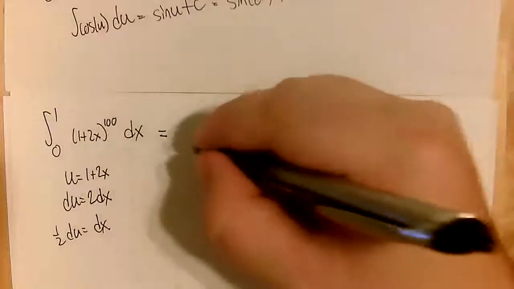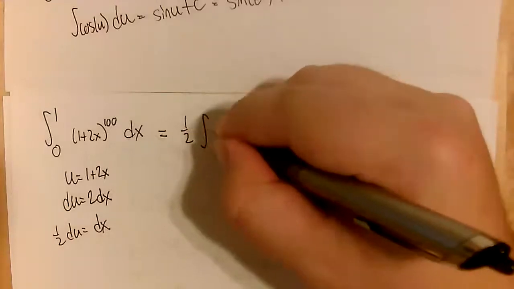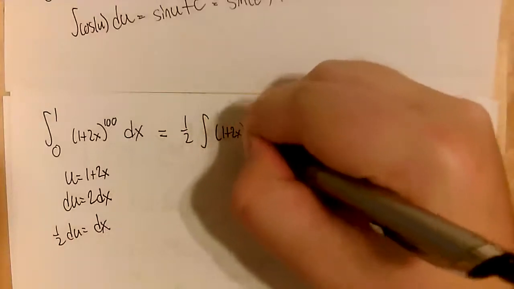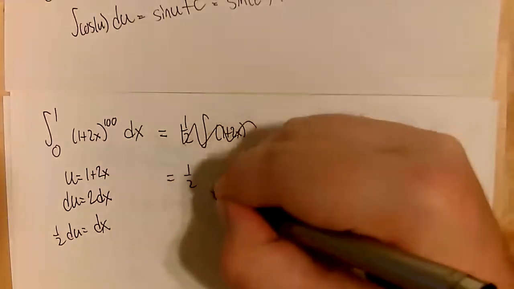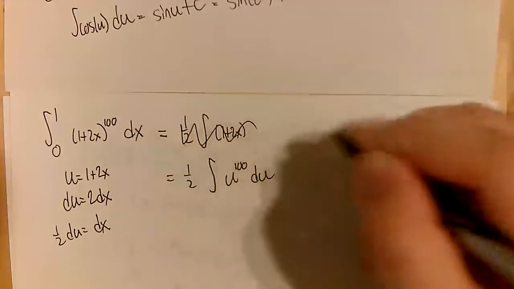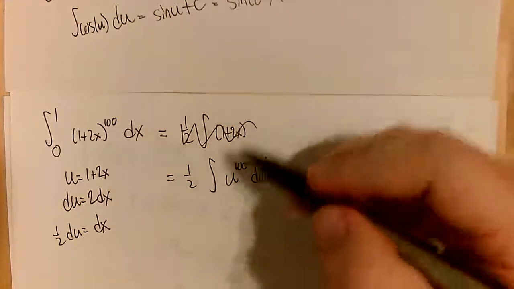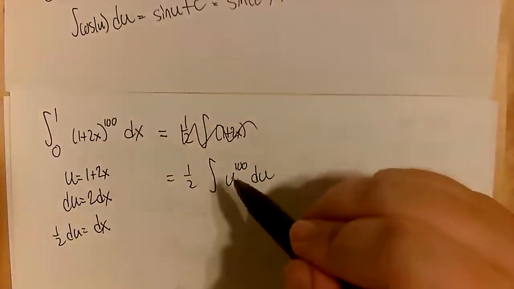Okay, so now I'm going to rewrite my integral. I exchange my dx for a 1/2 du, and then I have 1 plus 2x, oh, whoops, we're doing a u integral now. So we have the integral of u to the 100 du. Now, earlier we didn't have any bounds to worry about, but this time we have some bounds here.